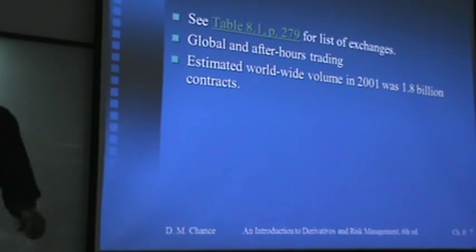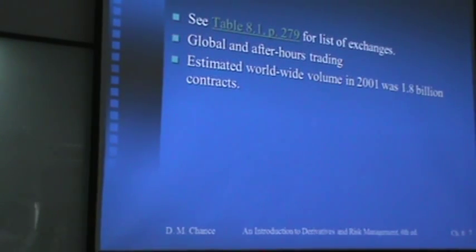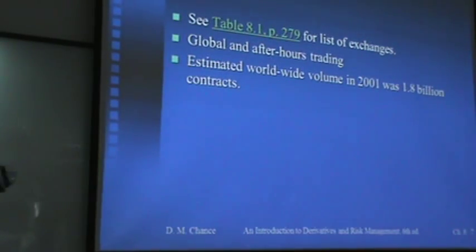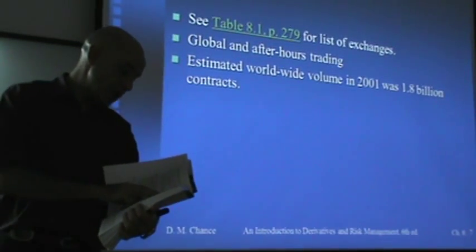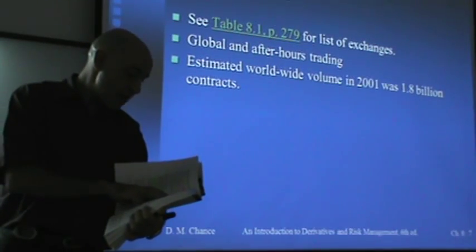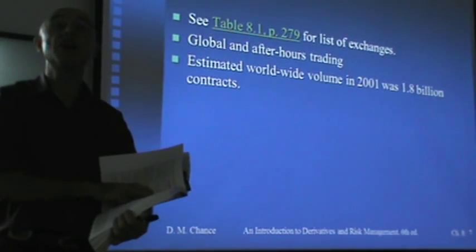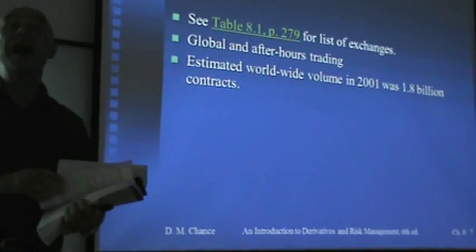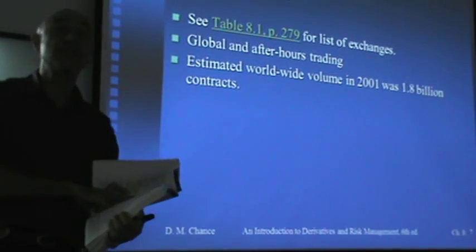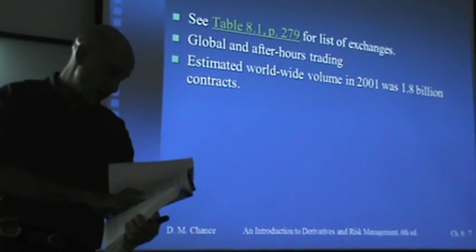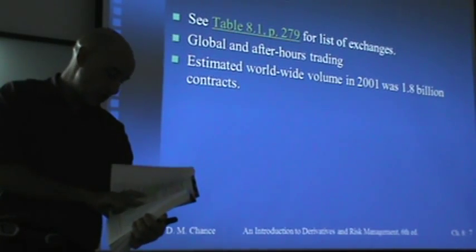All right, there is a table in the textbook. Maybe you can open the textbook. There's got to be like table 8.1. Yes, major futures exchanges. You can actually take a look. You can see CBOE Futures Exchange, Chicago Climate Exchange, Chicago Mercantile Exchange. You've got 3 exchanges under Chicago Mercantile Exchange. I'll open it up to show you later after the day. Intercontinental Exchange, Kansas City Board of Trade, Mexican Derivatives Exchange, Montreal.